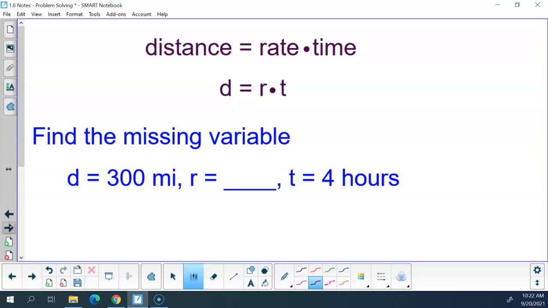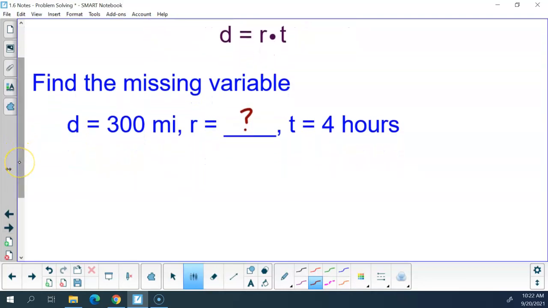We're saying find the missing variable, which in this case is R. So we would start with D equals R times T. I know my D is 300. I don't know what my R is, so I'm going to leave it as R. I know my T is 4.